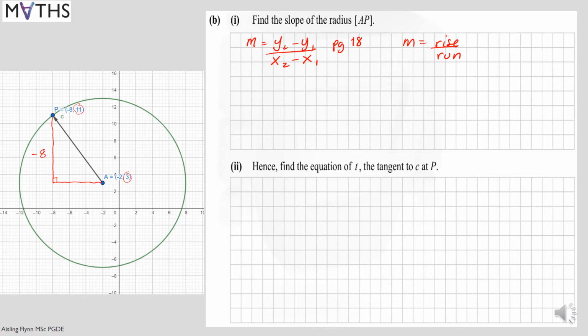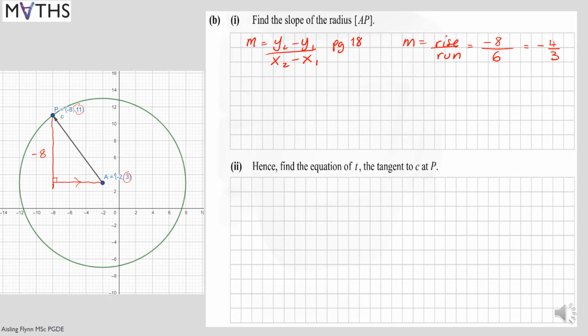So minus 8 is my rise, that's the vertical, and my run is we go from minus 8 to minus 2, so we run across 6 units. We can simplify this. 2 is a common factor to top and bottom, so the slope is minus 4 over 3. So that's part 1.